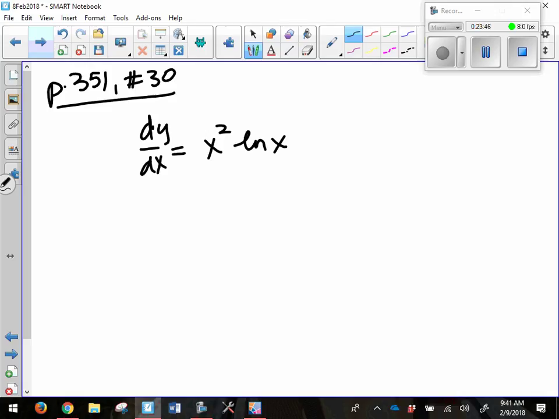So solving the differential equation means that I want to find y as a function of x. So the first thing I need to do is rewrite this as dy is equal to x squared natural log of x dx.